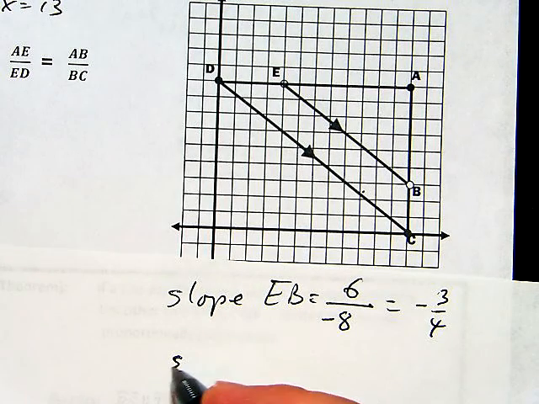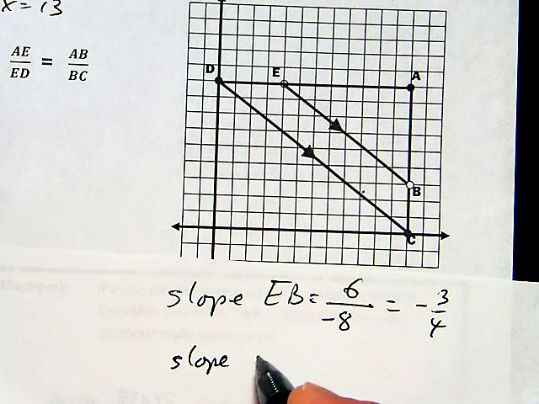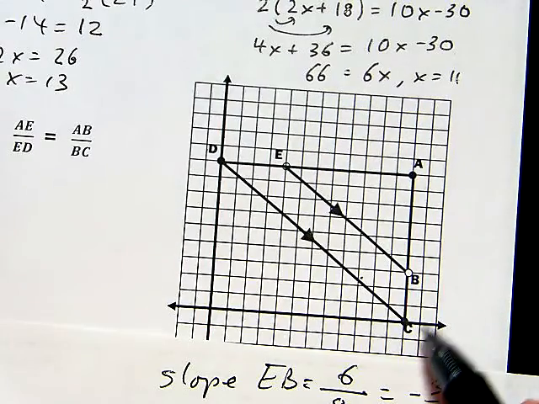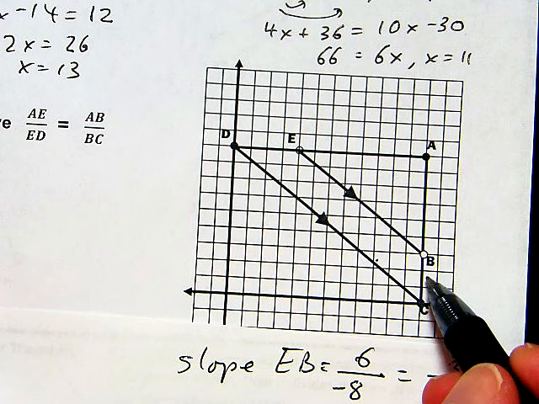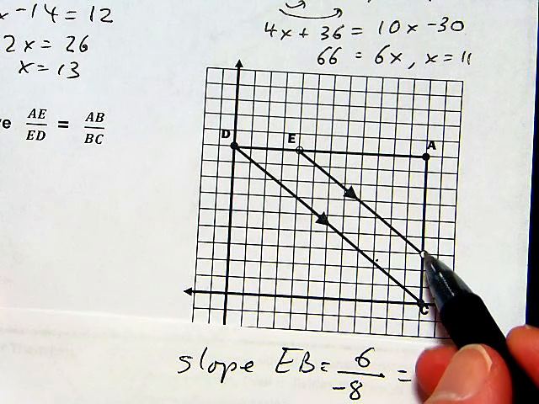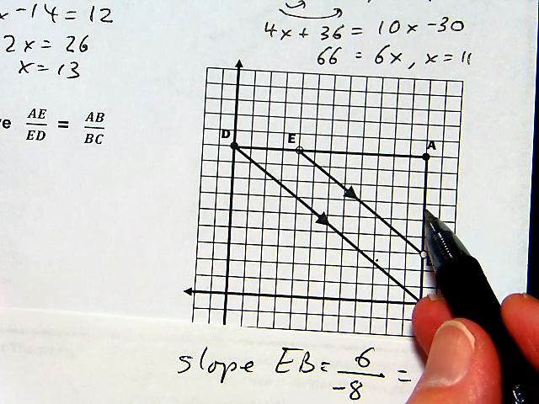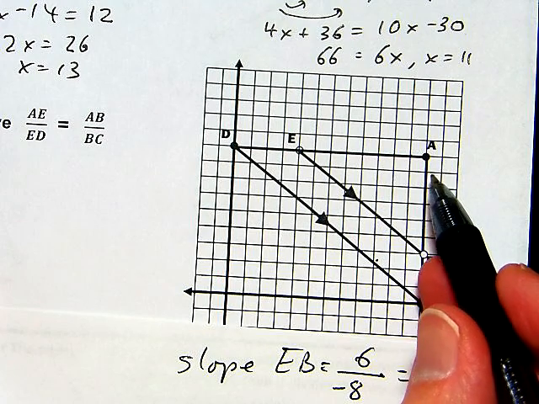Now let's check the slope of DC. And again, let's do rise over run. So we have 1, 2, 3, 4, 5, 6, 7, 8, 9.